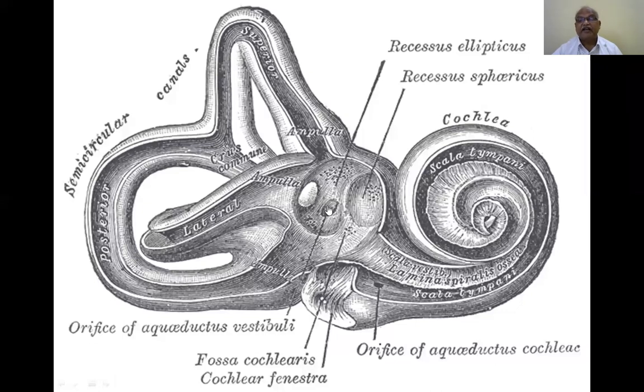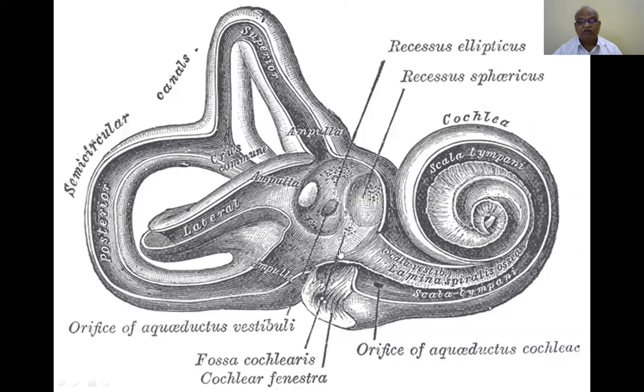So posteriorly the elliptical recess, anteriorly the spherical recess. In between these two, a crest comes and divides and opens into the cochlear recess.